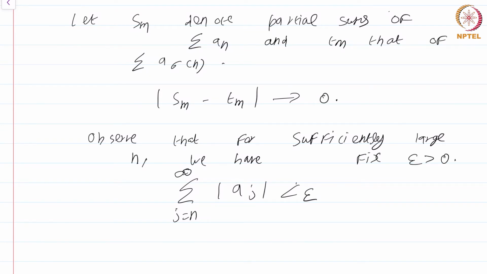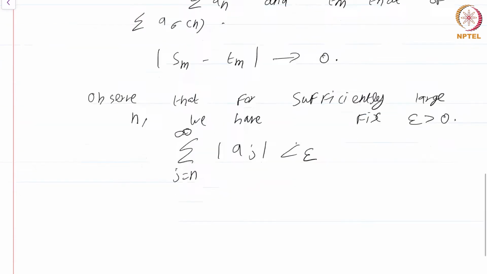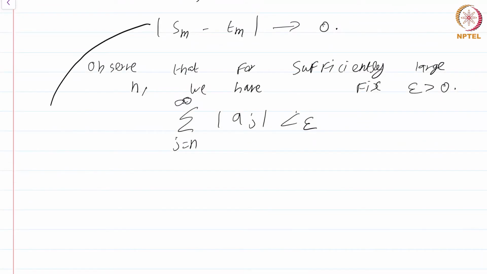Given any epsilon, for suitably large n, we can find the series summation j equal to n to infinity mod a_j will be less than epsilon. This is just rephrasing the fact that the series of absolute values must converge, because that is there in the hypothesis. Now what you do is you look at this mod S_m minus T_m.